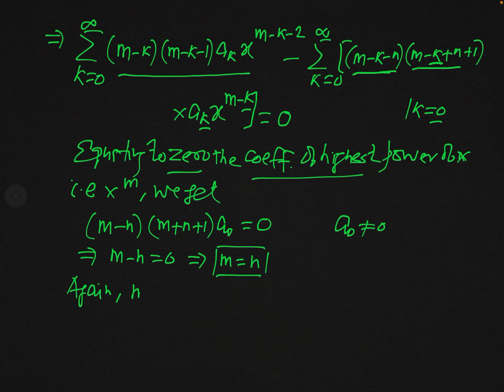Again, taking m plus n plus 1 equal to 0, m will be minus n plus 1. So these are the two roots of this initial equation. First one is m equal to n and another is m equal to minus n plus 1.